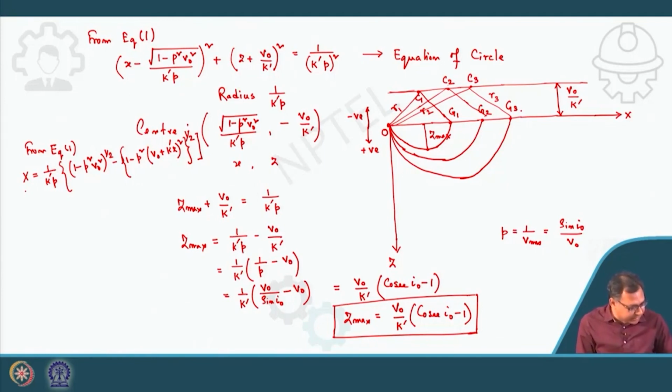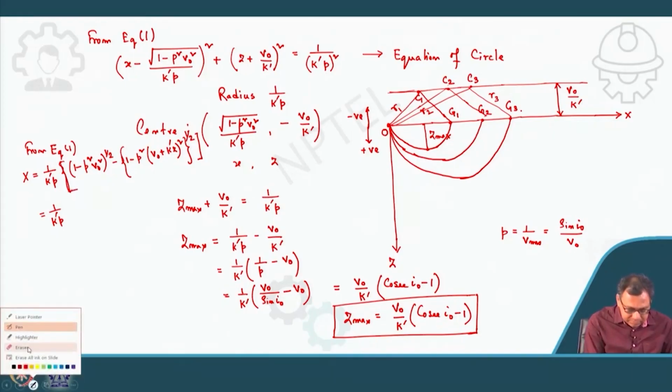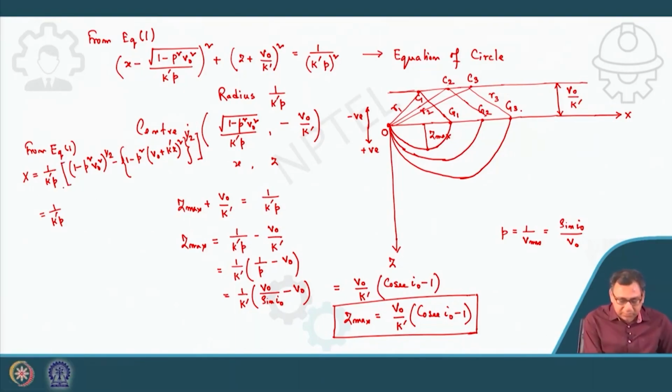So now let me put it this way, now if I simplify this equation, 1 by K dash P, then I can write this is 1 minus, so V0 by V max whole square, because P is 1 by V max.